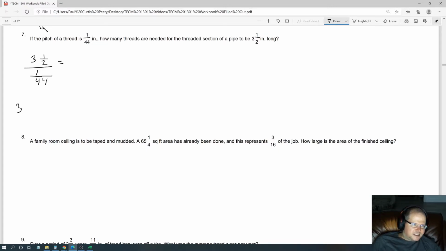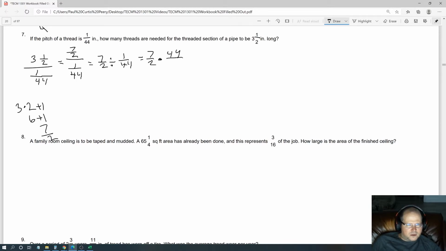You would say, I need to simplify the 3 and 1/2, so that's 3 times 2 plus 1, which, 3 times 2 is 6, 6 plus 1 is 7. And then you rewrite it over the old denominator of 2. So that would give me 7/2 divided by 1/4. Okay, so we rewrite that as 7/2 multiplied by 4 over 1.